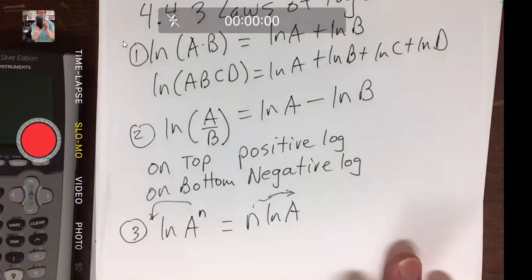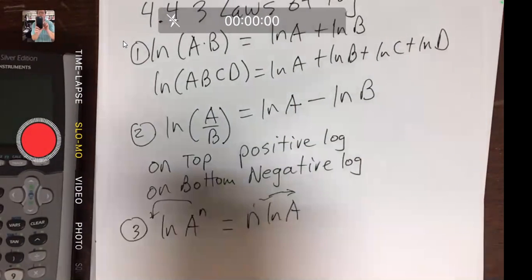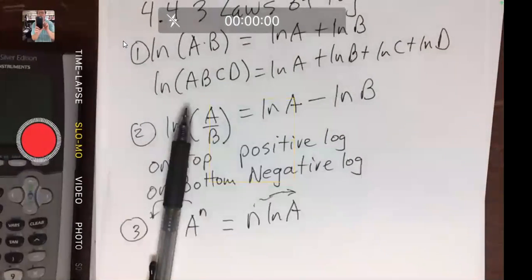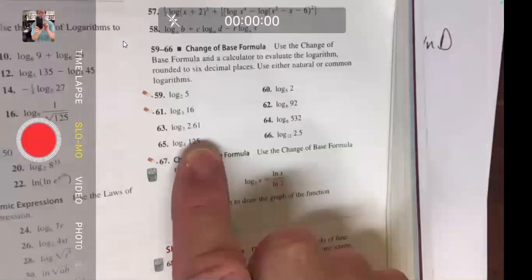Okay. Well, the very last topic was the very last section. How do you punch a base that's not log or ln? And would y'all know how to punch these things? Pretty simple if you know what to punch.